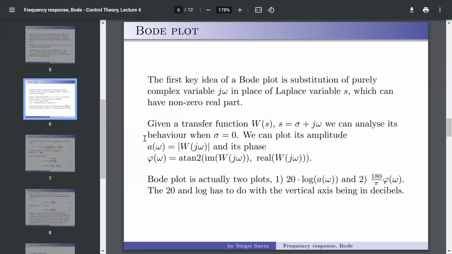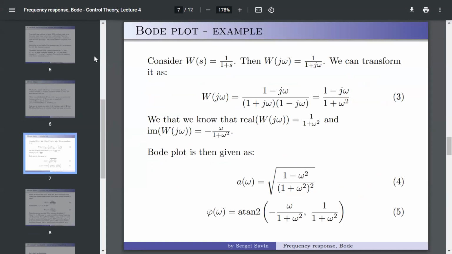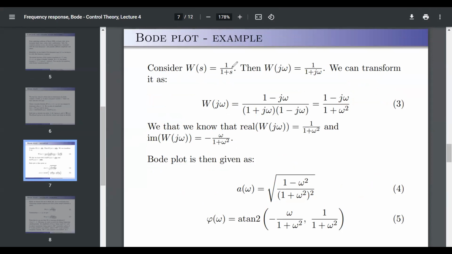Right, so now let me just show you how we can actually compute Bode plots on an example. So here's a very simple example for a transfer function. This is a transfer function 1 over 1 plus s.